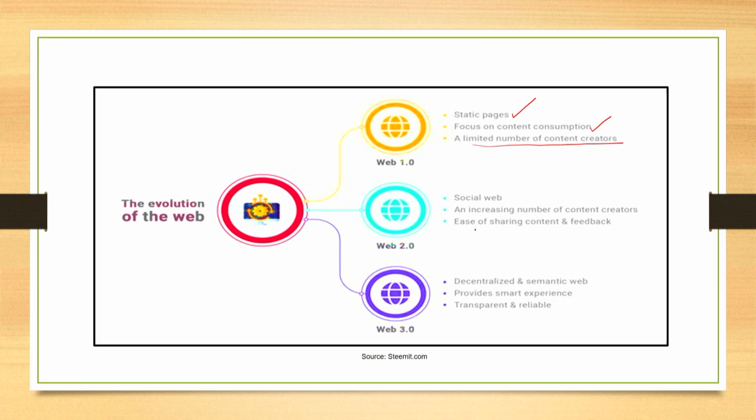Whereas Web 2.0 uses the social web with an increasing number of content creators, and there is ease of sharing content and feedback. In the case of 3.0, it is a decentralized and semantic web that provides smart experiences, transparent and reliable.